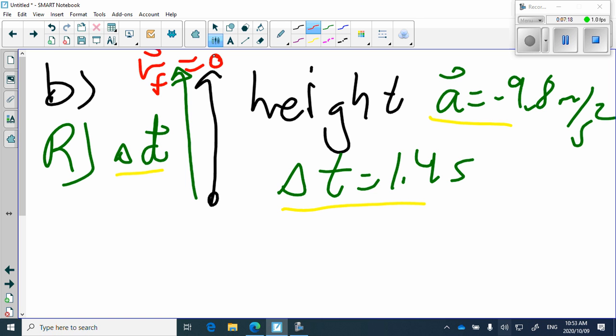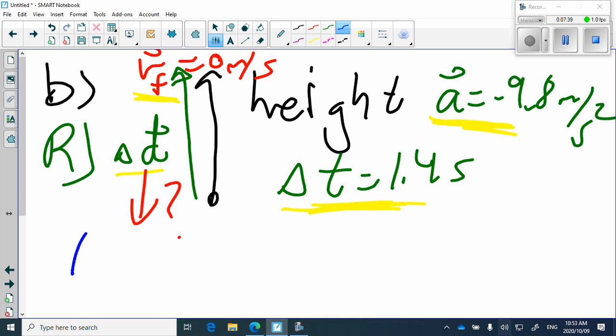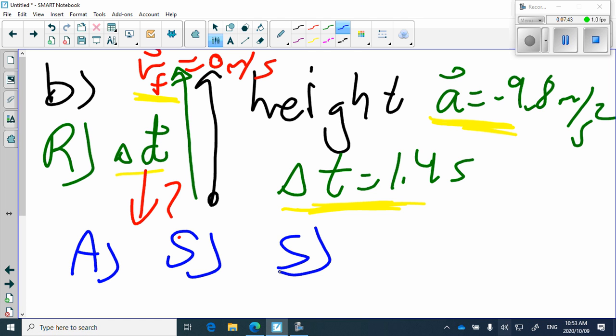Can you find an equation that has acceleration, time, and final velocity that will let you calculate for displacement? Does such an equation exist? Oh, yes, it does. And that's where I'm not going to tell you. That's your job now. You got to do analysis. You got to do substitution. You got to do solution.